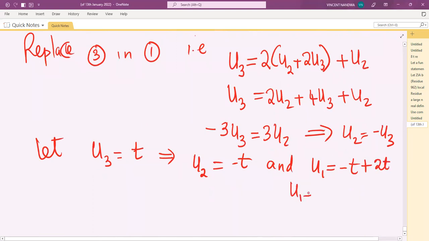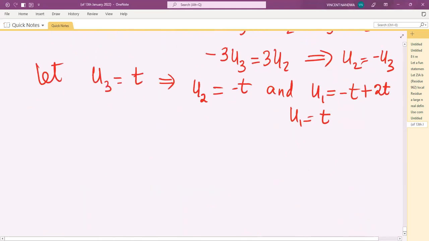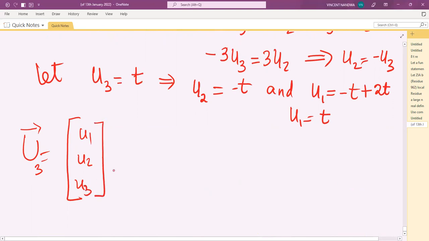So U1 will be T. So when I use these values, then my vector U3 will be U1, U2, U3, where there's U1 I put T, where there's U2 I put negative T, where there's U3 I put T.